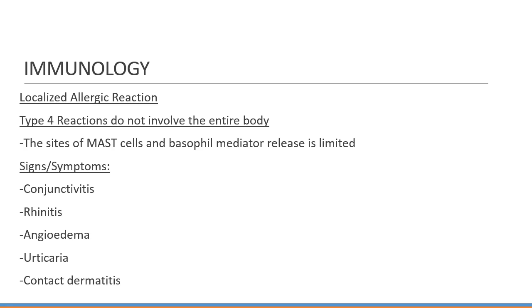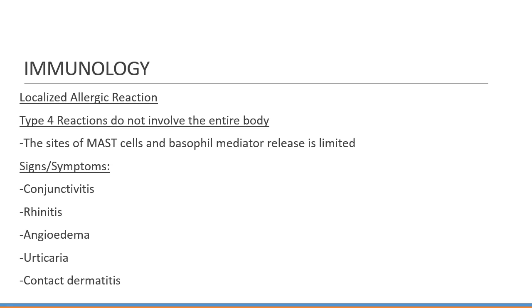Now, the type 3 reactions are immune complex hypersensitivity. They appear when an antigen-antibody complex isn't promptly removed by the body system. If they're not appropriately removed, they end up depositing in tissue and they cause an inflammatory response. Whenever they're deposited, the complement cascade is activated and it causes results that are similar to this cytotoxic hypersensitivity.